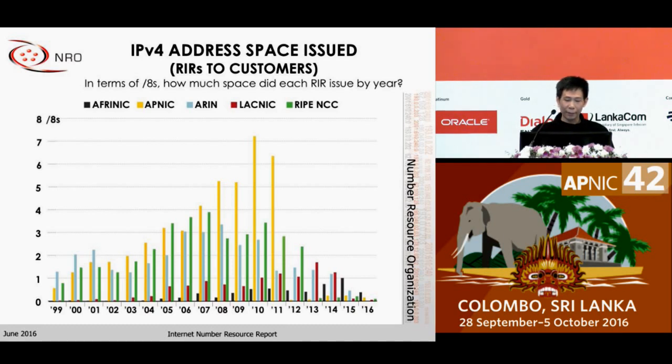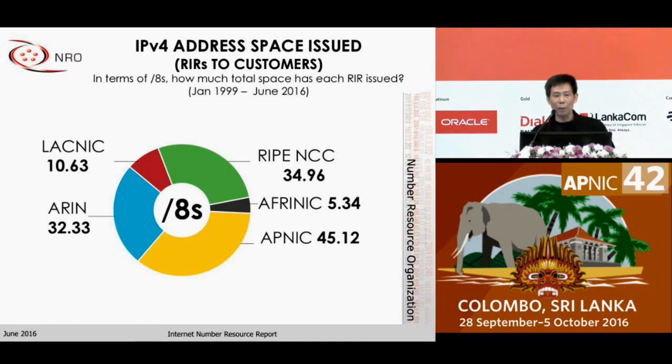After that, IPv4 delegation has slowed down. This graph tells you the total IPv4 delegations by each RIR from 1999. You can see APNIC delegated more IPv4 than any other region.